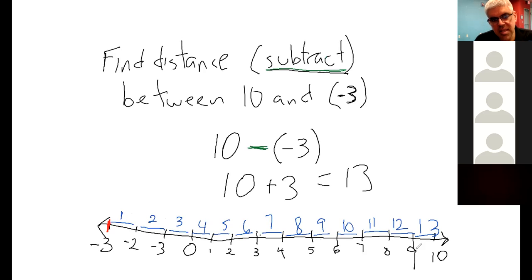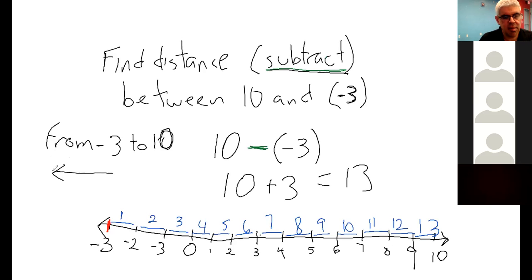So the distance from negative 3 to positive 10 on the number line is 13.